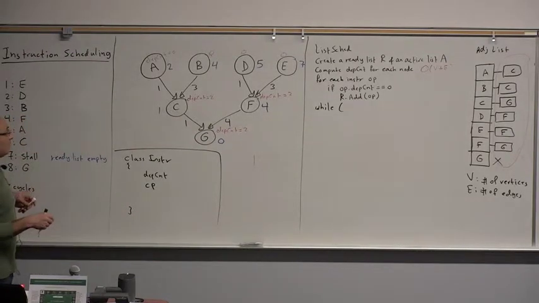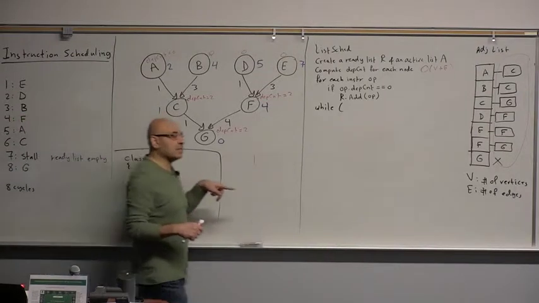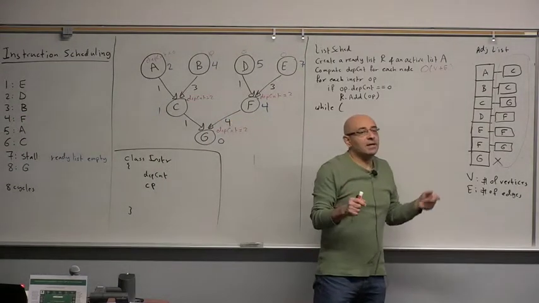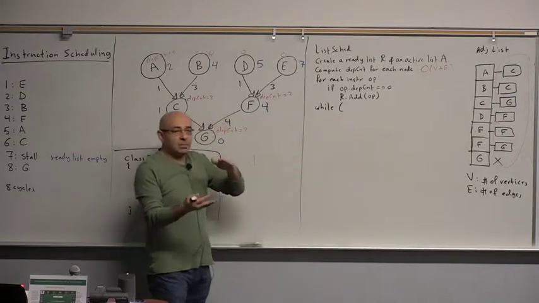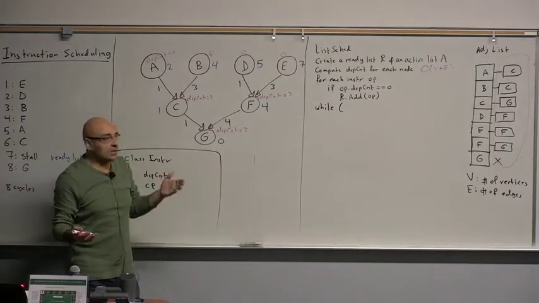If the ready list is empty, that's not a termination condition, because we may have the ready list empty but we're not done yet. You can just count the number of instructions that you have scheduled, and when that number is equal to the total number of instructions, you are done.